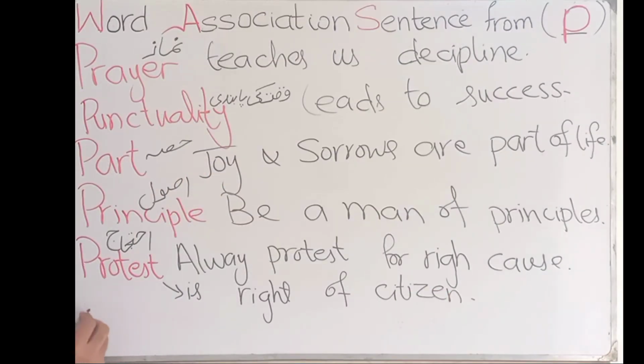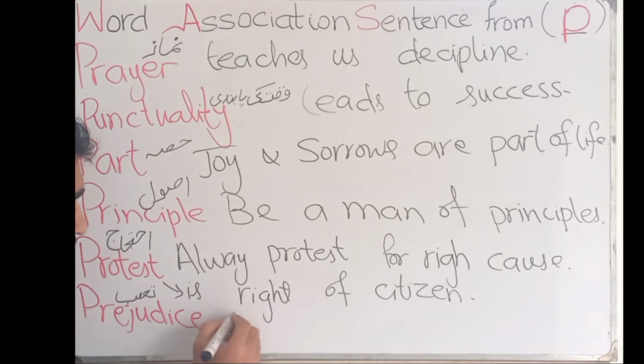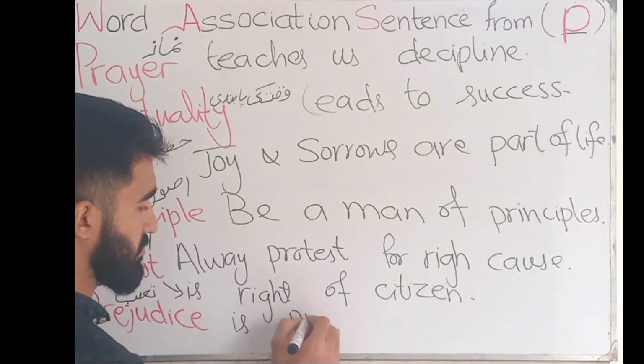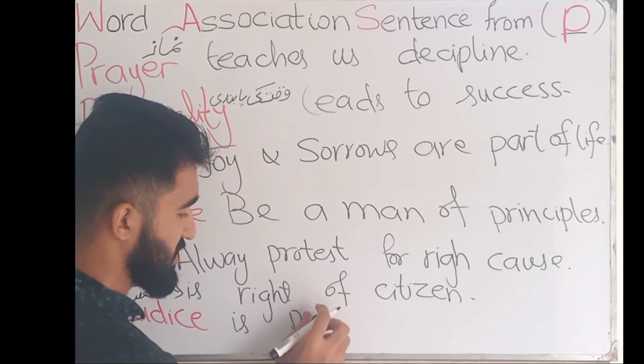The next word is prejudice. Its meaning in Urdu language is ta'assub. The sentence of word prejudice is prejudgment.